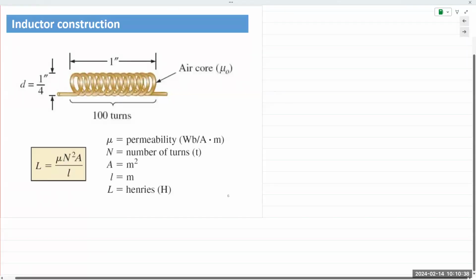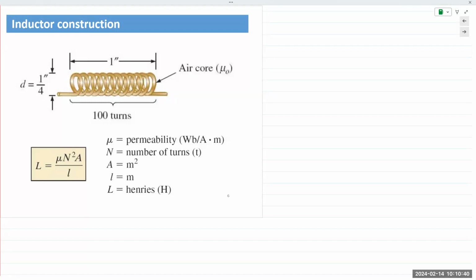Okay, we stopped here last class. Inductor physical construction is nothing but a conducting coil wound into spiral loops. Multiple loops. Each loop is known as a turn of the wire, a turn of the coil.